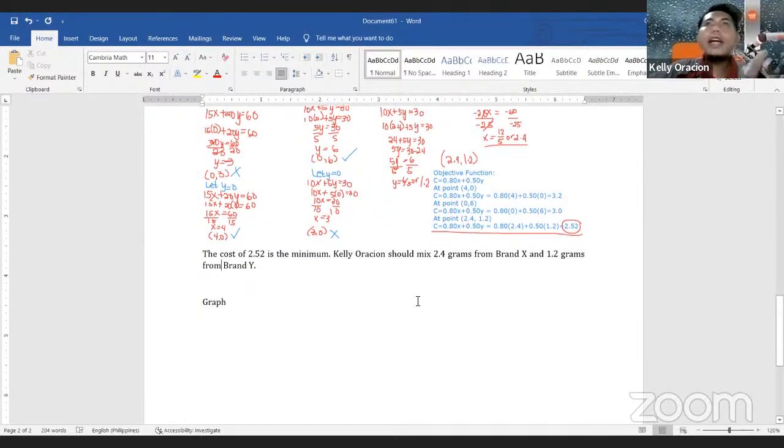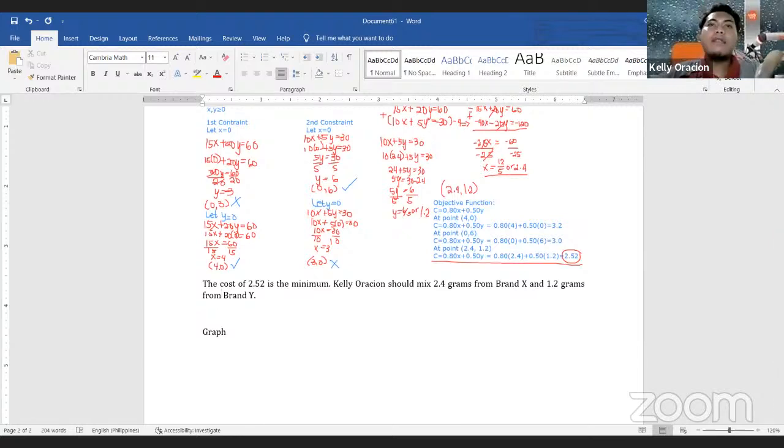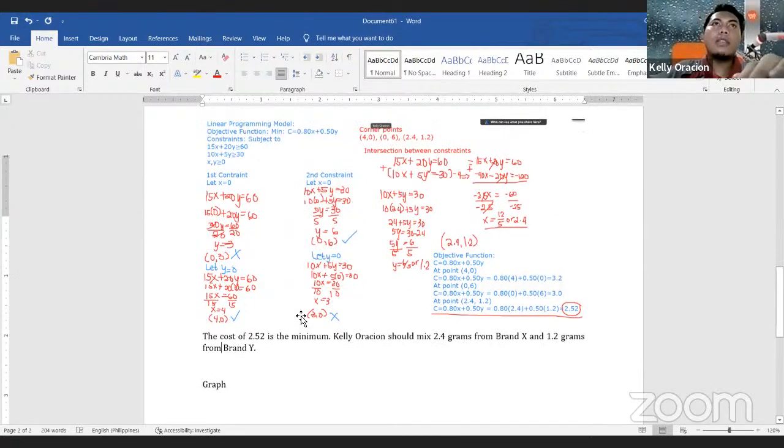Okay? And for the graph, let's proceed to desmos.com so you can create the graph. Isulat lang natin yung dalawang constraints natin doon.